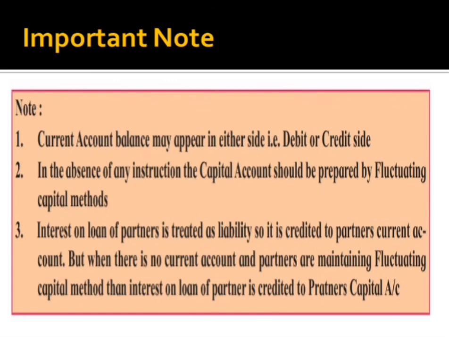And the third, interest on loan of partners is treated as a liability, so it is credited to partner's current account. But when there is no current account and partners are maintaining the fluctuating capital method, then interest on loan of partner is credited to partner's capital account.